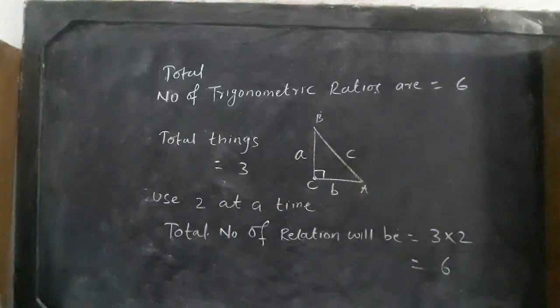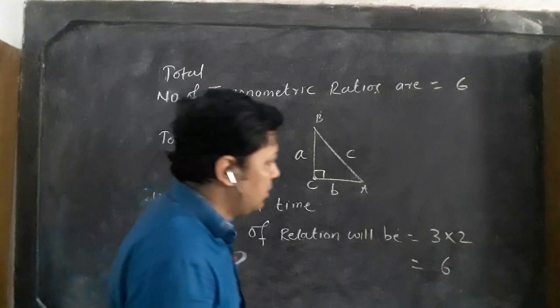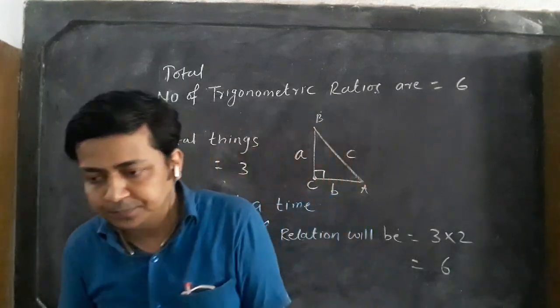That's why there are total 6 trigonometric ratios, not less, not more.